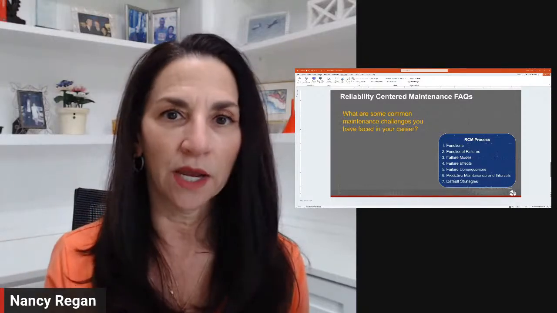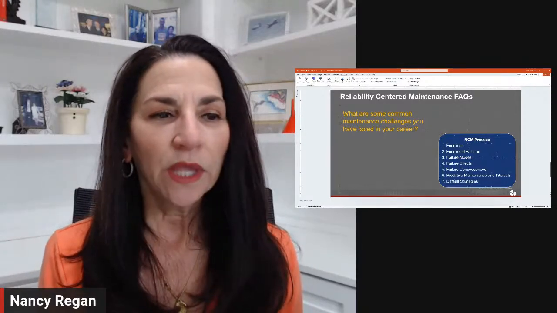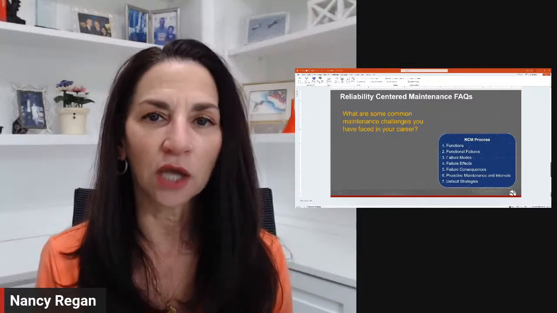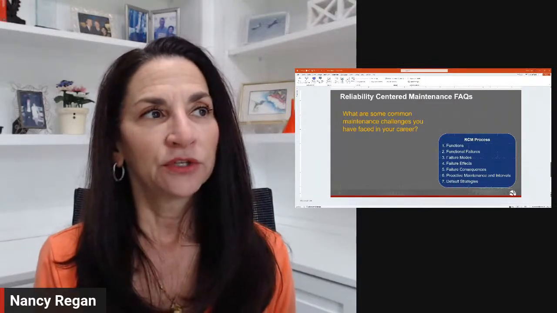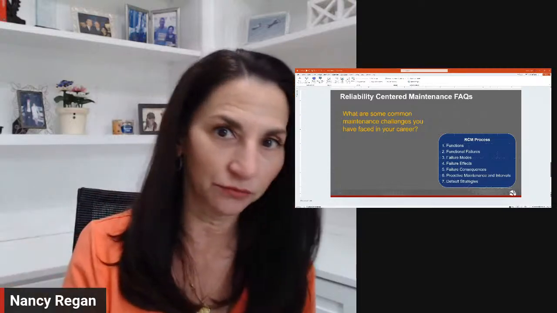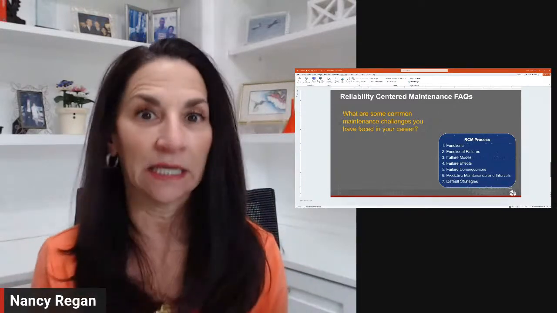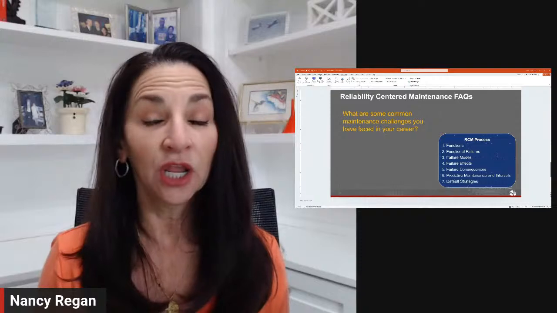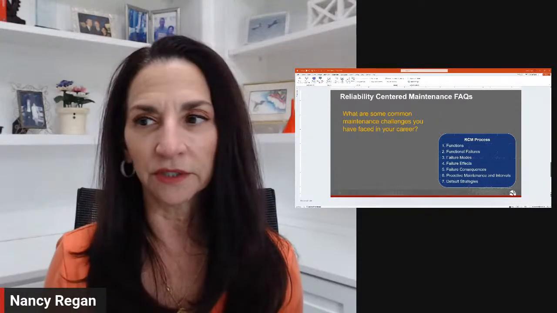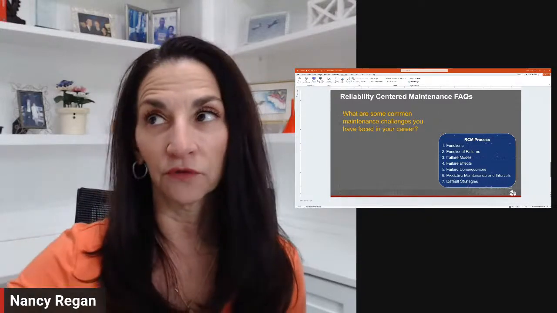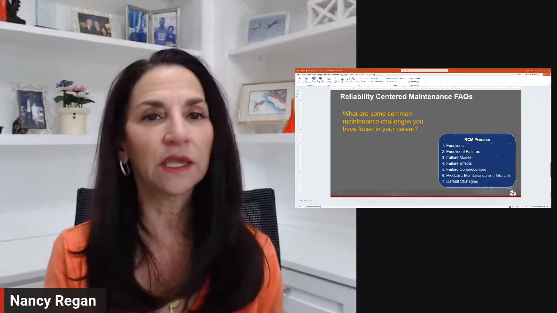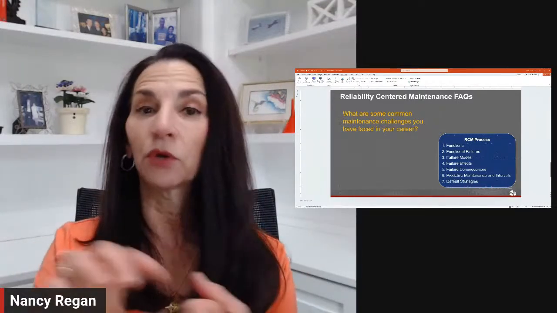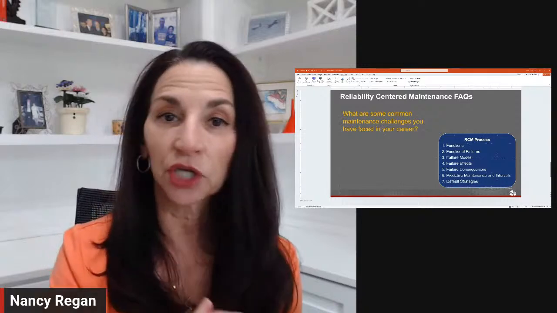The first one is that we have to learn to talk to people in their own language. When we're trying to sell reliability centered maintenance to get it implemented in our organization, it's really important to talk in the language of the other person, in this case, a manager. What are they concerned about? They're concerned about downtime, increased costs.